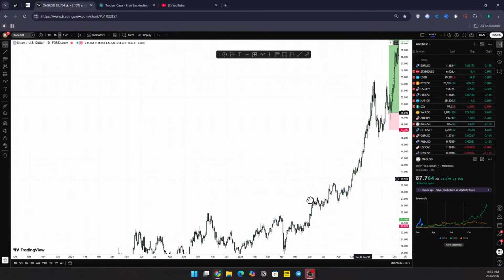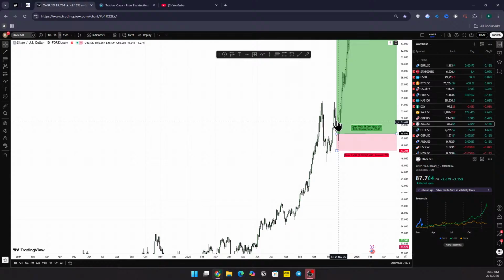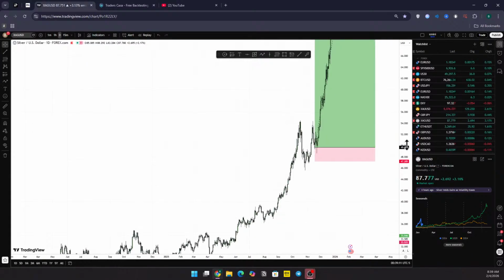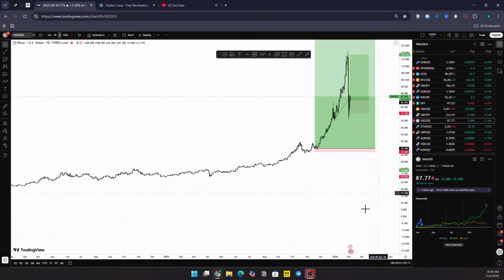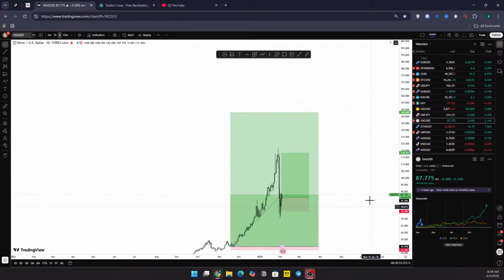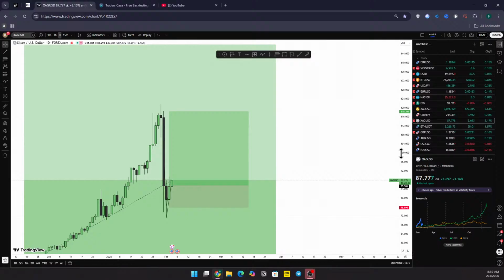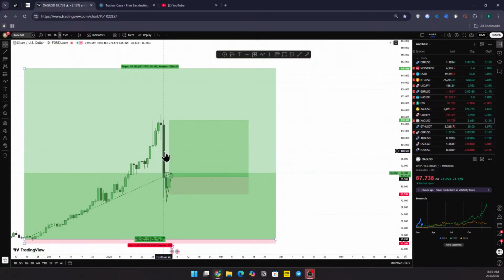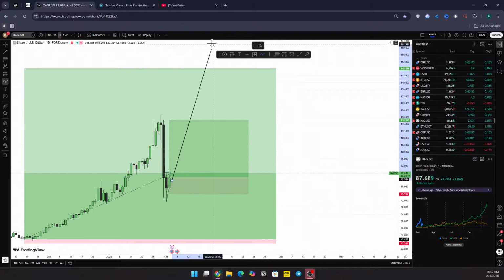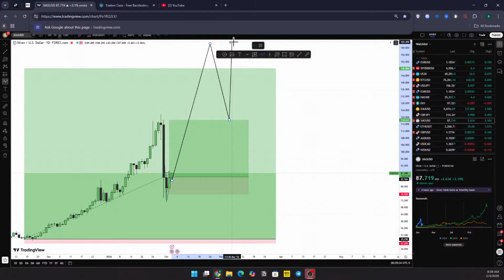After looking at that, I wasn't expecting something like this to come. The same thing could happen, guys. This is one of the biggest bearish candles in the history of silver, like 40% down, right? Looking at this, maybe a move is going to come.